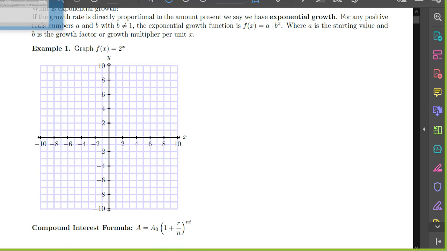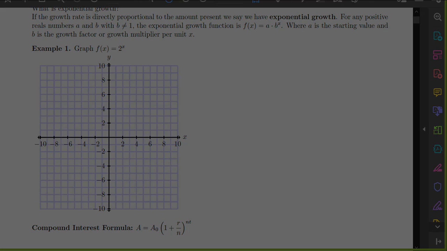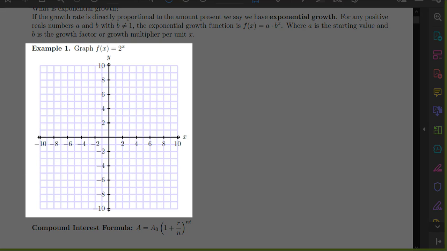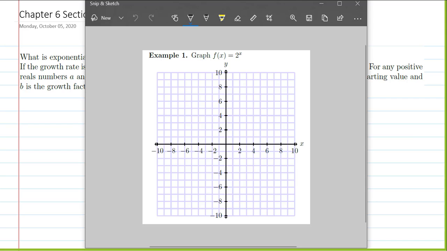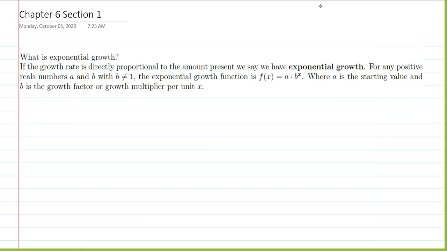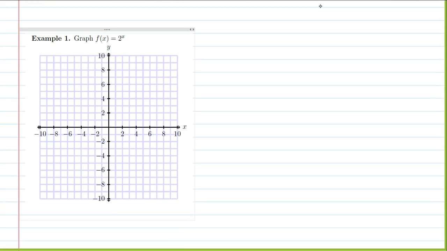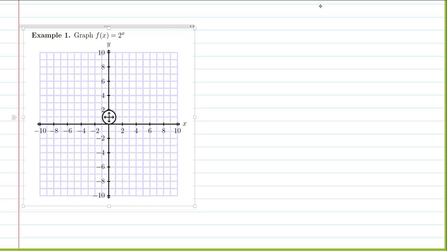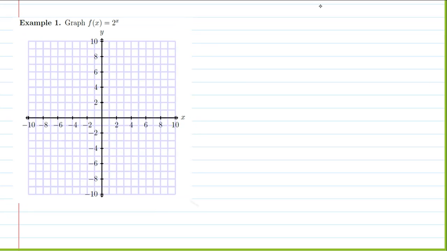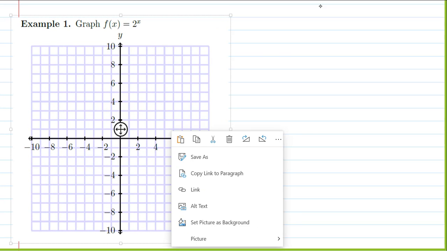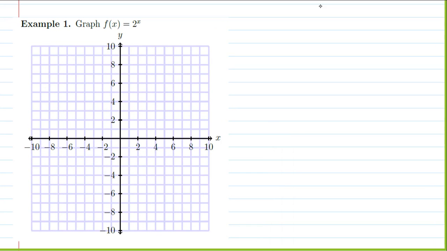So let's go ahead and take a look at example 1. So let's go ahead and make a table of values.